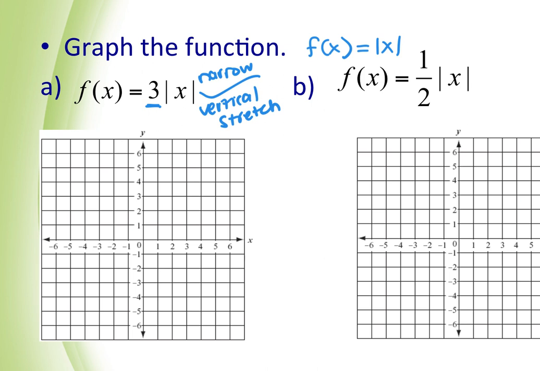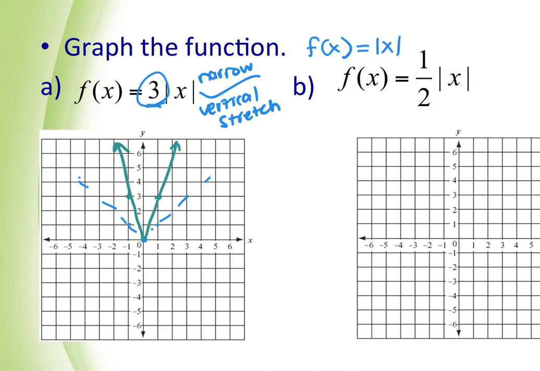I'm not moving left or right at all, so my 0 is at 0. Now this is actually like my slope. Instead of going out 1 and up 1, like a normal absolute value would do, it's actually going up 3 and out 1. And that's what becomes more narrow.